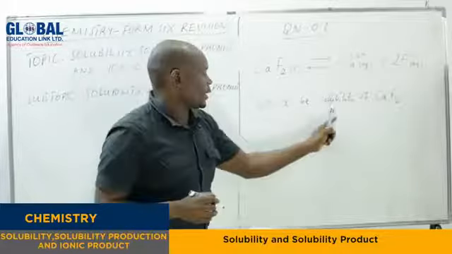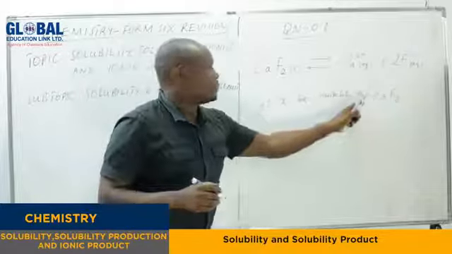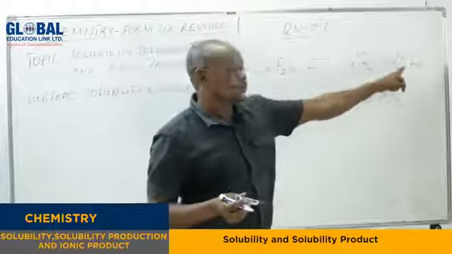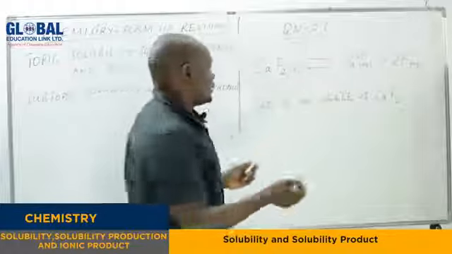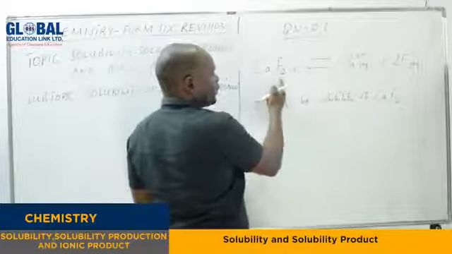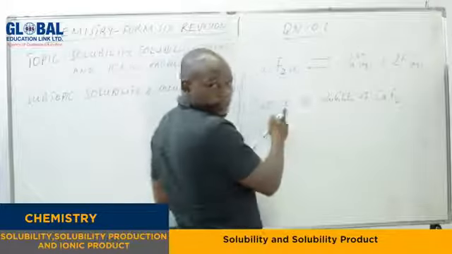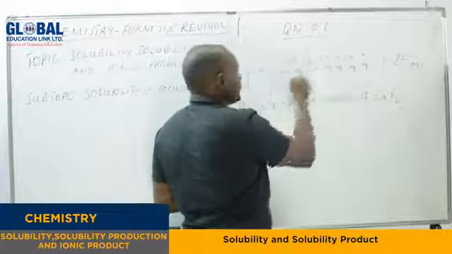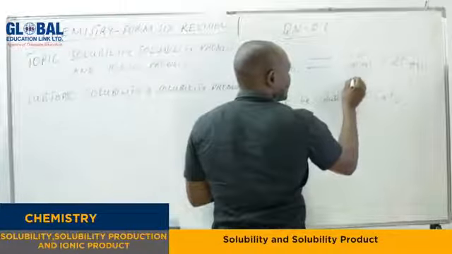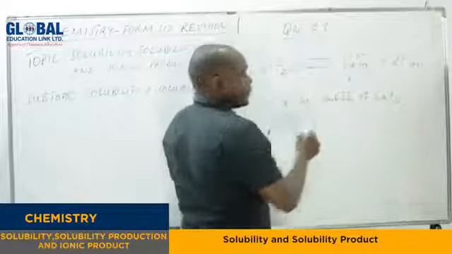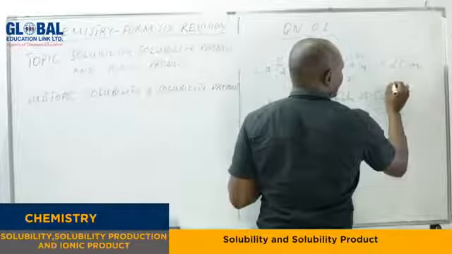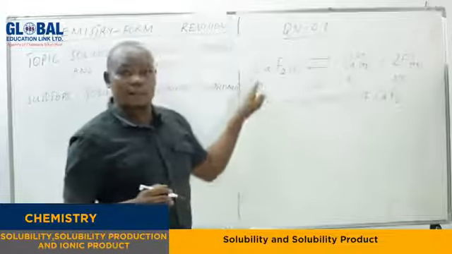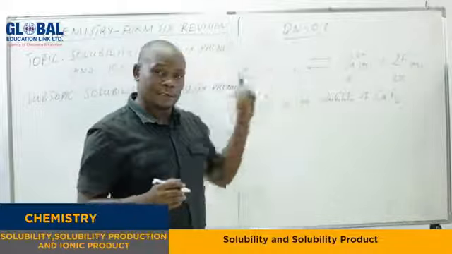Since calcium fluoride undergoes dissolution to release 1 mole of calcium ions and 2 moles of fluoride ions, our solubility for calcium fluoride is X. So if it releases 1 mole of calcium ions, that means this one will also be X. And here this one will be 2X, since it is 2 times the concentration of calcium fluoride.